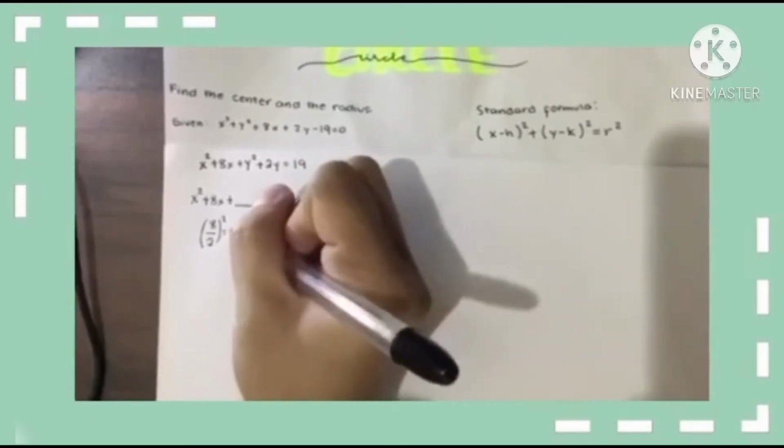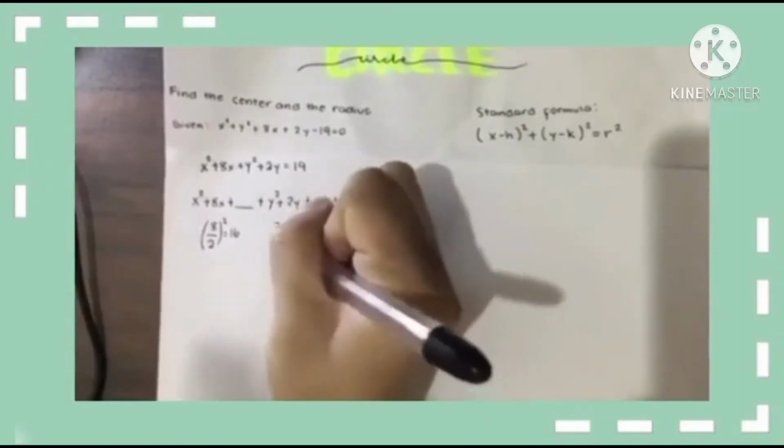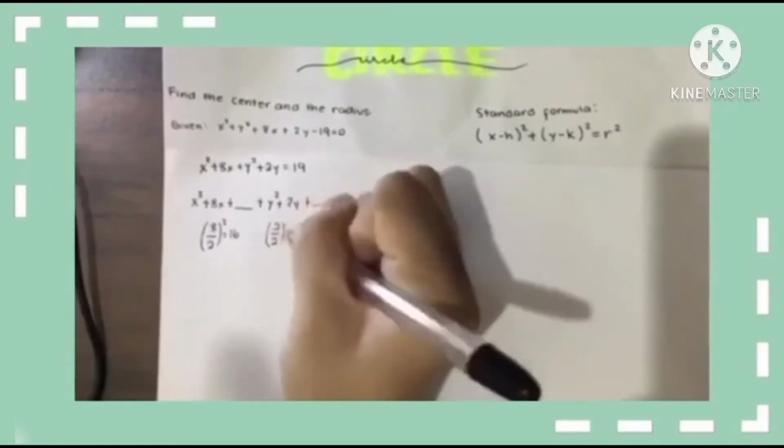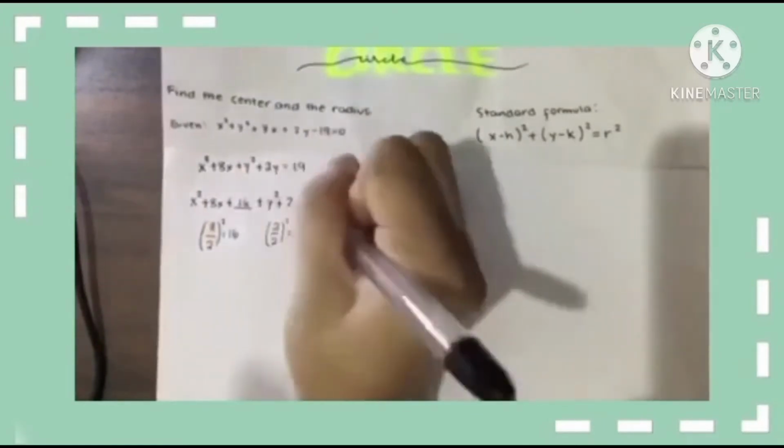The square of 4 is 16. 2 divided by 2 is 1. The square of 1 is 1. We're going to write it here.